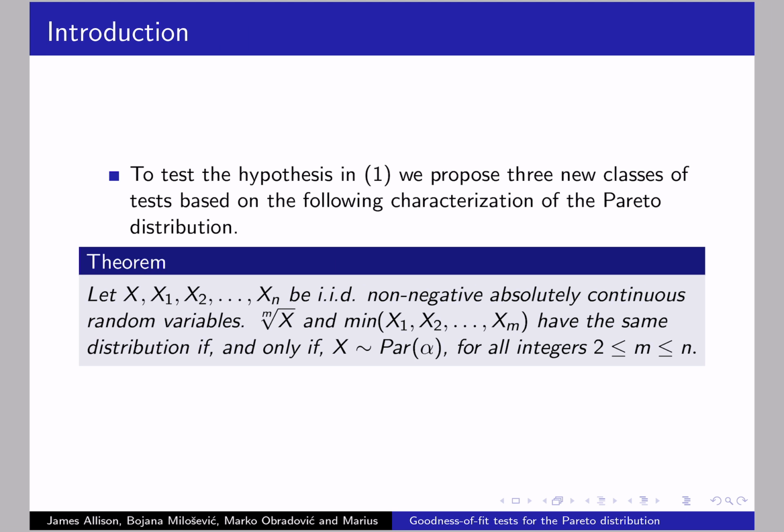X to the power of 1 over m and the minimum of X1 up until Xm have the same distribution if and only if X is Pareto distributed, for all integers m larger than or equal to 2 and less than or equal to n. Now this follows directly from the Puri-Rubin characterization of exponentiality and the relationship between the exponential and the Pareto distribution.